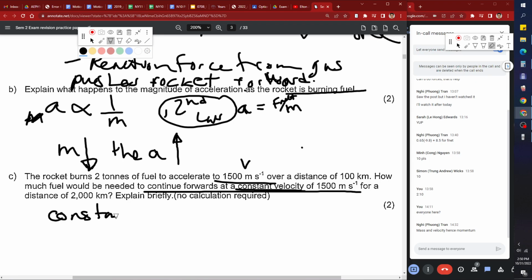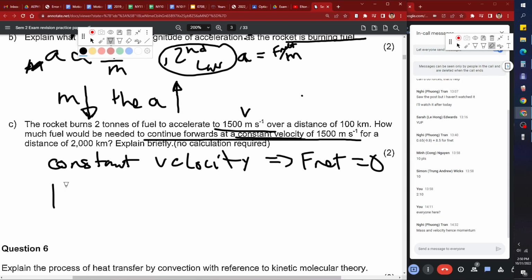Constant velocity means F net equals 0. We don't need any more acceleration. And that is according to Newton's first law, that an object in motion will stay in motion. And that's what constant velocity means. It's already in motion and it will keep at that velocity.